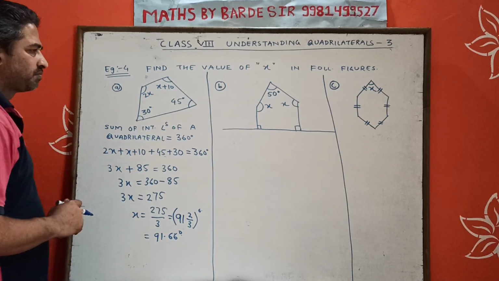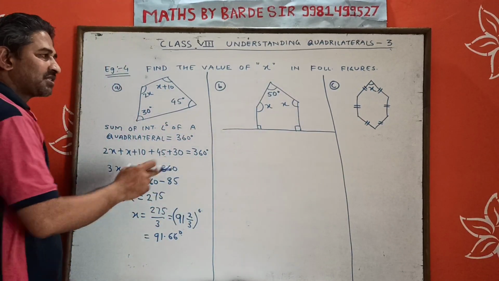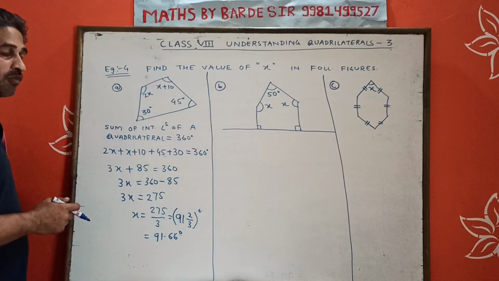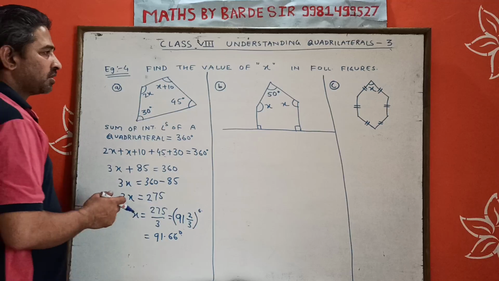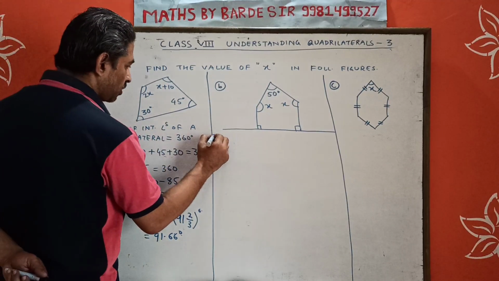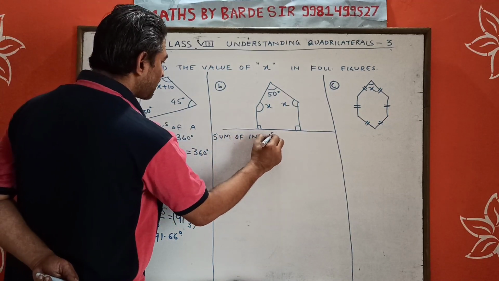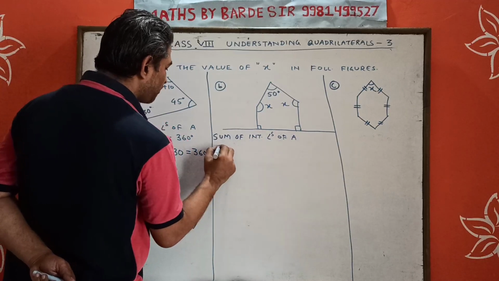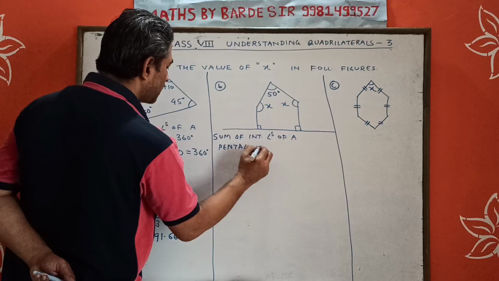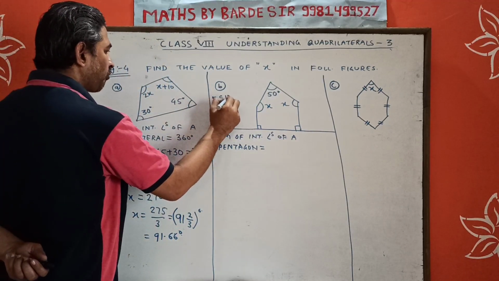Next question. Now this figure has how many sides? 1, 2, 3, 4, 5 sides. This is a pentagon. So sum of interior angles of a pentagon, see 5 sides.